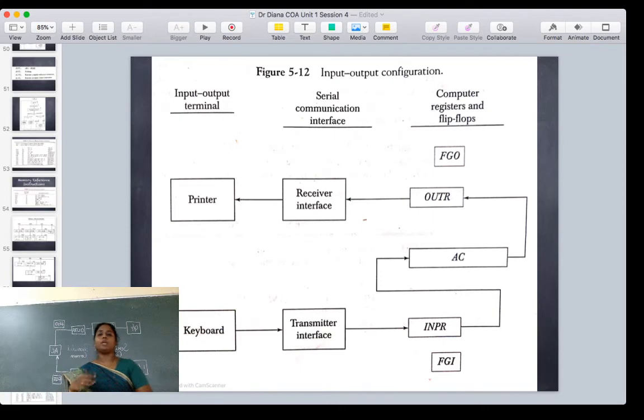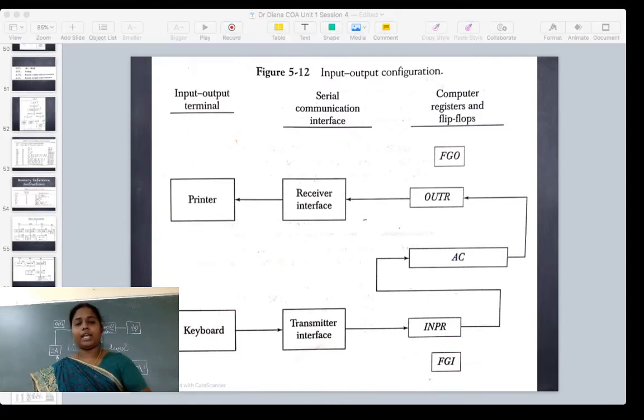All of these are going to be input-output terminals, and I am going to have a receiver interface and a transmitter interface which are capable of storing serial information, and they are capable of transmitting serially. And then you have the computer registers and the flip-flops. The accumulator is given there. Output register and the input register are present. The flags FGI and FGO are present. Now, based on these values, we are going to see how an input and an output instruction can be executed.